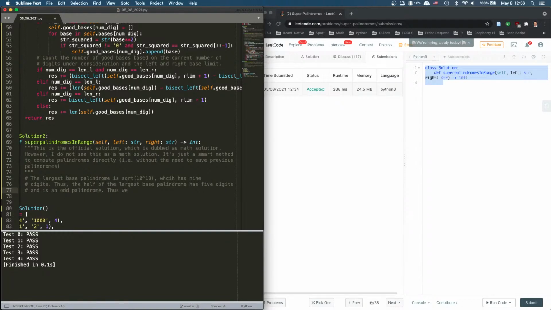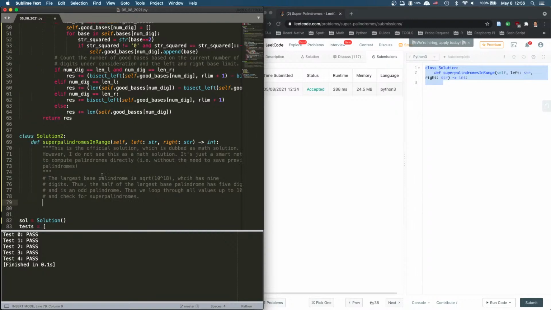Thus, we loop through all values up to 10 to the 5th and check for palindromes. Check for super palindromes as well.